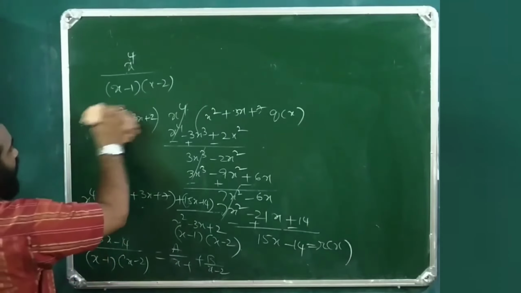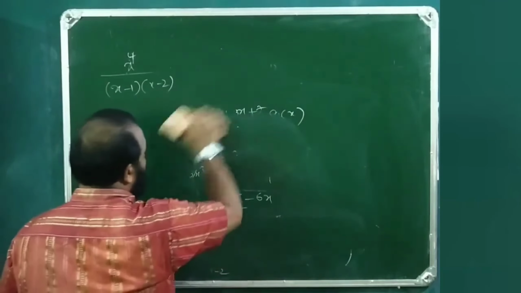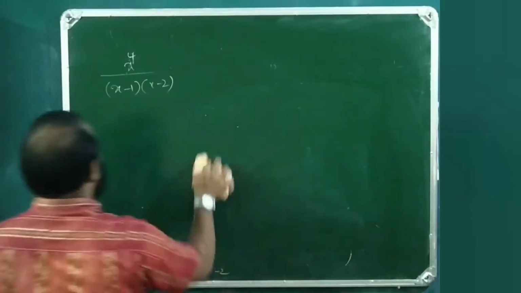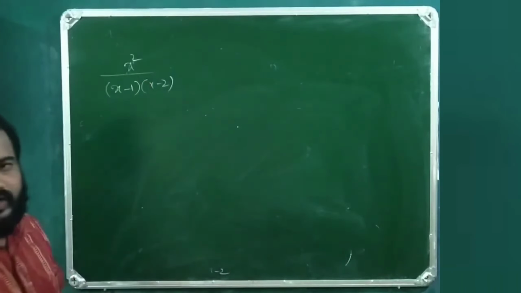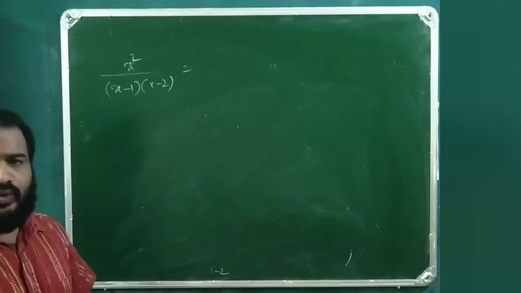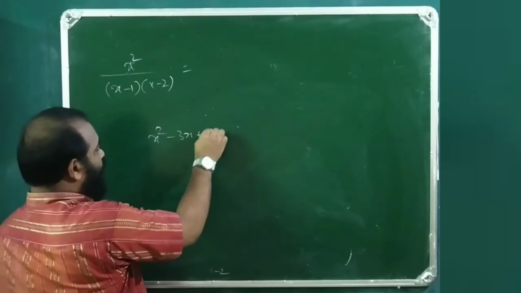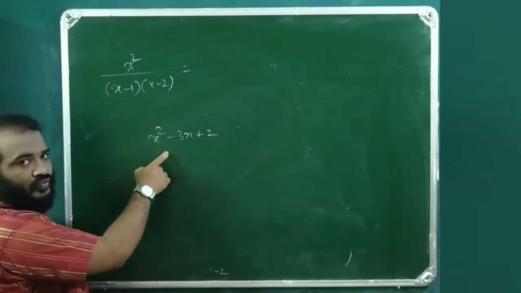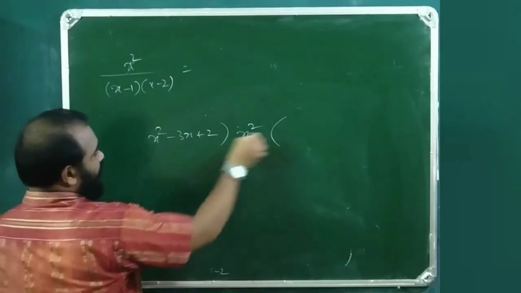Now, what if the degree of the numerator and the degree of the denominator are the same? For example, x square by x minus 1 into x minus 2. Here we need to divide in that case also. x minus 1 into x minus 2 is x square minus 3x plus 2. x square by x square is 1.